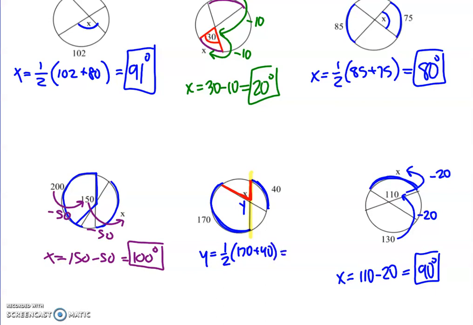So 170 plus 40 is 210. Divide that by 2, I get 105. Now to find x, you take 180 minus 105, 75 degrees. That is one of the most challenging problems you can have in this circle unit.